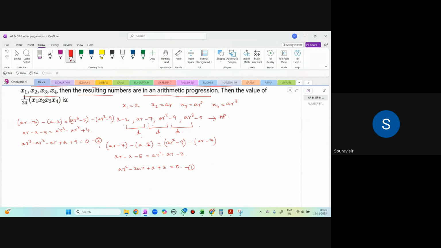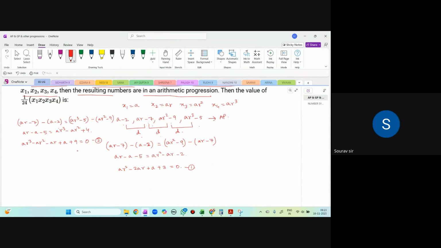Can I get a solution for a and r from here? What is the best way to solve for a and r from here? Anyone?